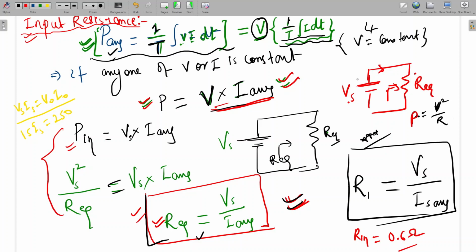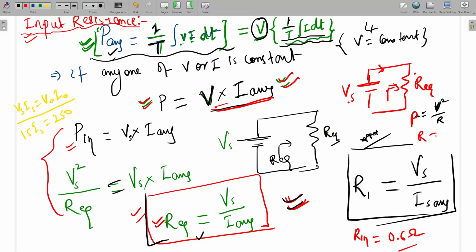The same power should be supplied by this source, so power is equal to V square by R. R will be 250 divided by 15 square, so this will be 0.6, I think. Is it clear? Directly we can calculate R is equal to V square by P.